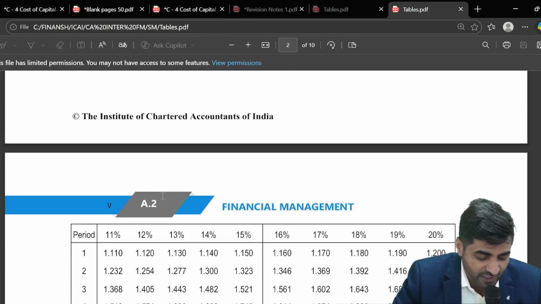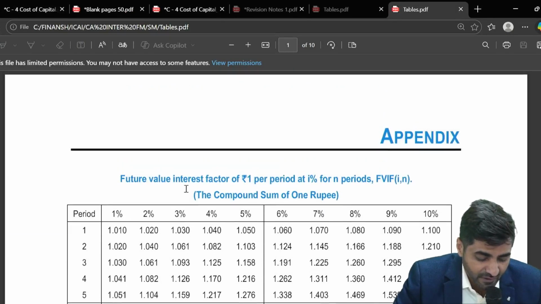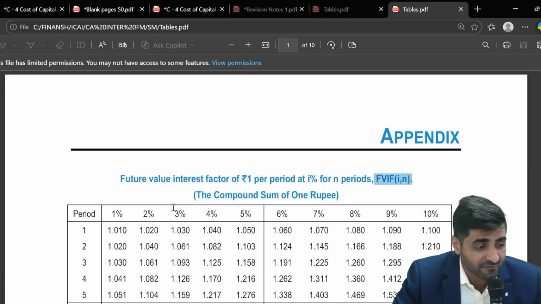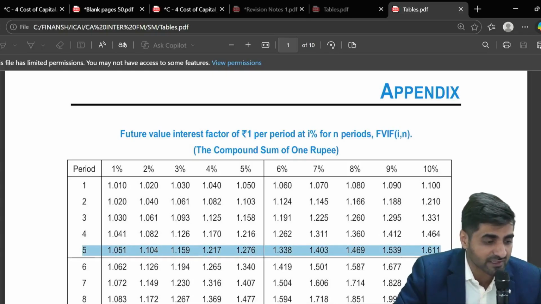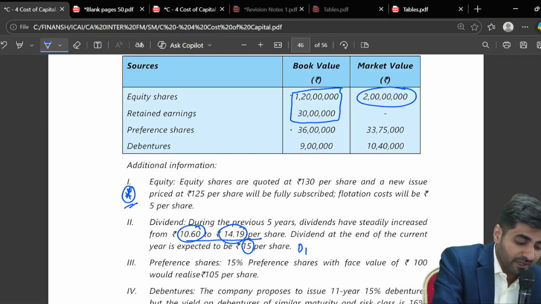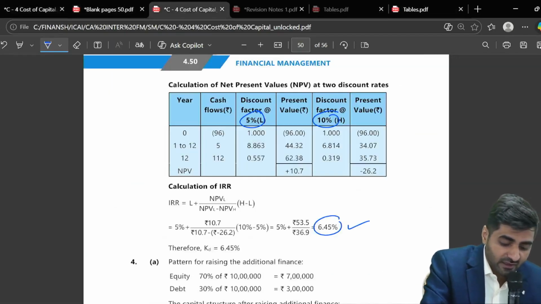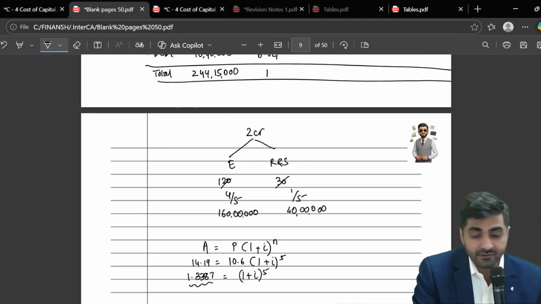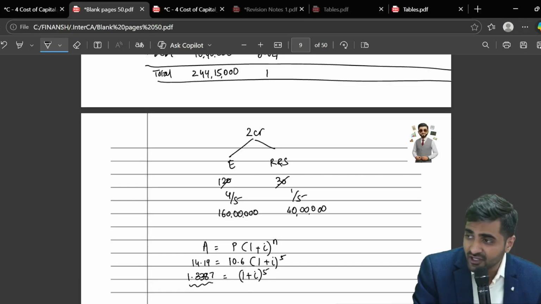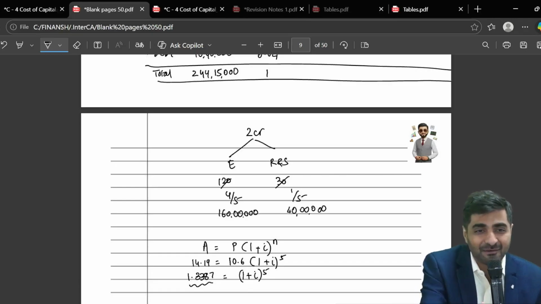Now we just have to check the FVIF table, and in this table, please check the life. The life is 5 years. So I just have to look at this row. As you can all see, here we have 1.338. Search if 1.338 is directly available or not.